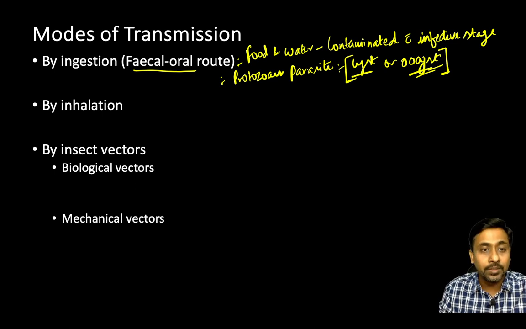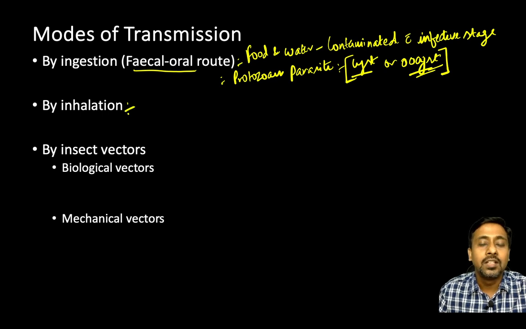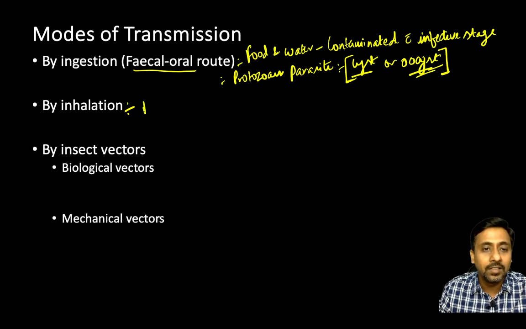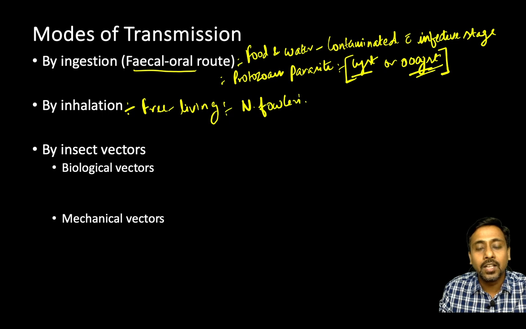Now the next mode of transmission is by inhalation of the infective stage. This is particularly seen in protozoan parasites which are free living. And if you remember the names, the free living ones are Naegleria fowleri, Acanthamoeba, and Balamuthia.